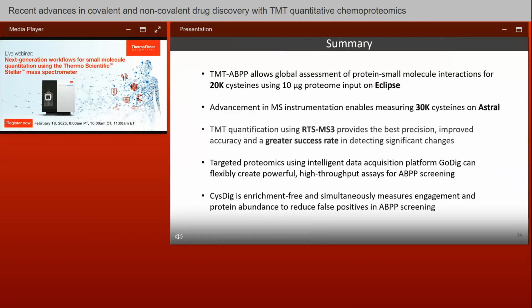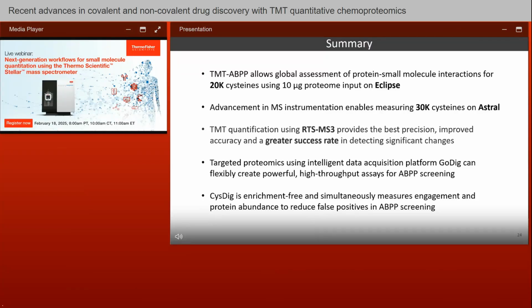So to wrap up, I hope I showed you that TMT-ABPP allows global assessment of protein small molecule interactions for 20,000 cysteines using as little as 10 micrograms of proteome input on the Orbitrap Eclipse. Advancement in MS instrumentation enables measuring 30,000 cysteines on the Astral, and TMT quantification using RTS-MS3 provides the best precision, improved accuracy, and greater success rate in detecting significant changes, especially when using fewer replicates for large-scale screening.